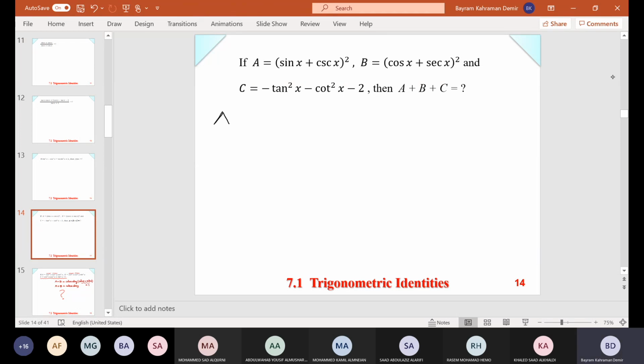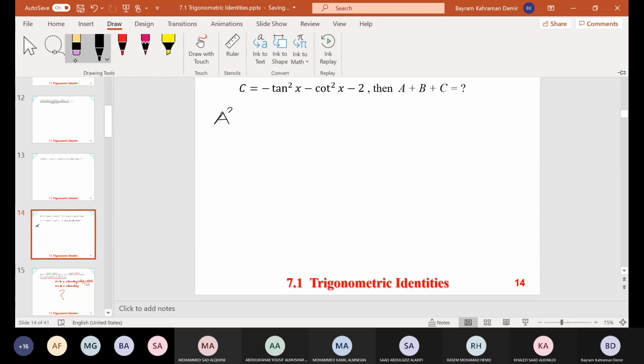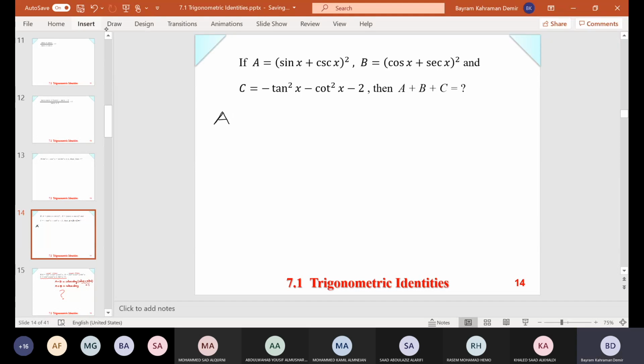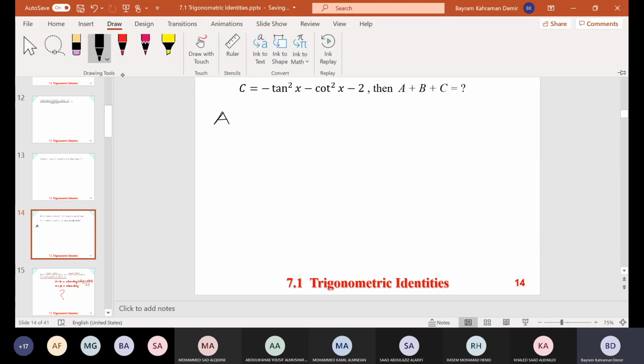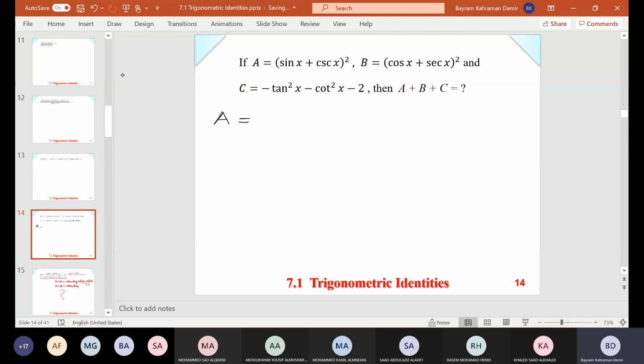A itself is equal to sine plus cosecant, all squared. Well, that means sine square of x plus 2 sine cosecant.